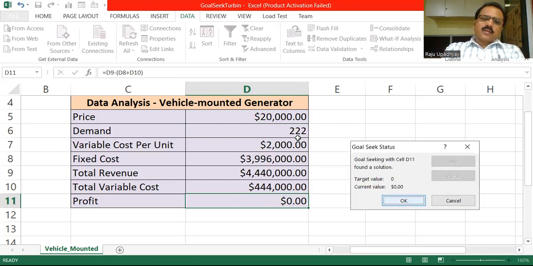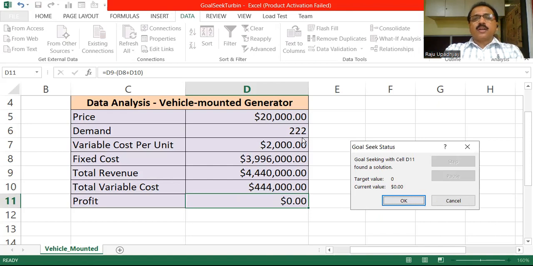You can notice here, it is saying that if you want to achieve the break-even value, you have to generate more demand for this kind of generator in the market. At least we have to sell 222 generators instead of 100 generators to achieve your break-even value.